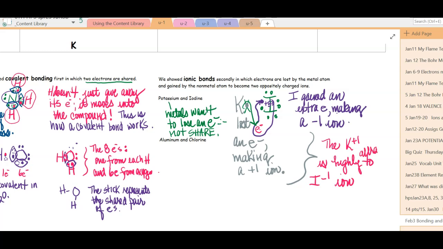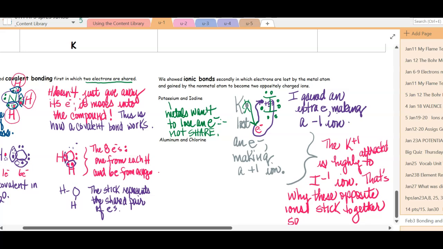I left out the key word, didn't I? Highly attracted to the I-1 ion. That's why they stick together. That's why these opposite ions stick together so well. Ta-da!